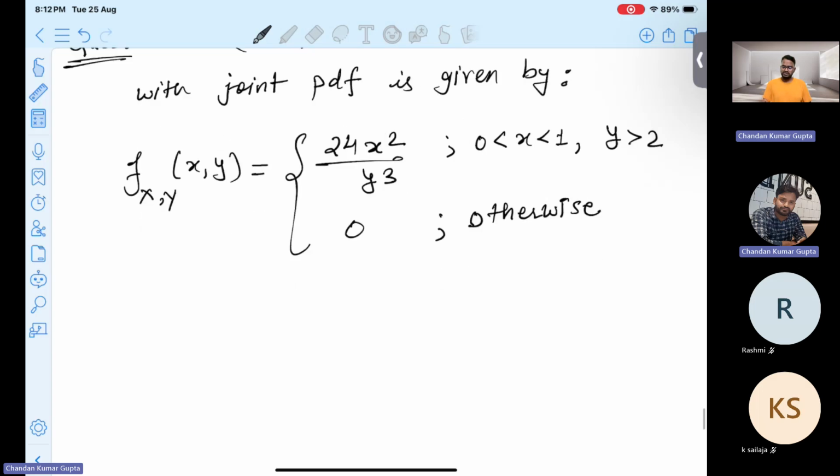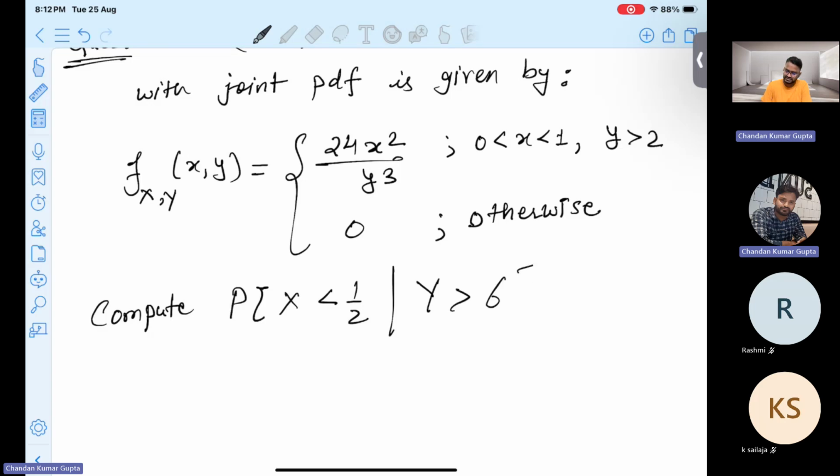We need to compute the probability that x is less than half given y is greater than 6.